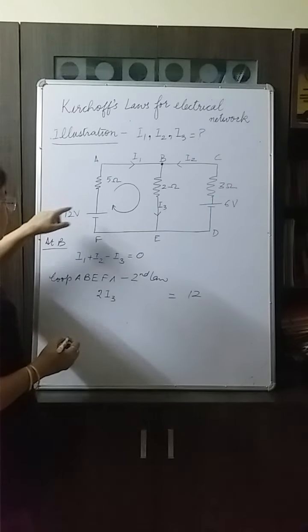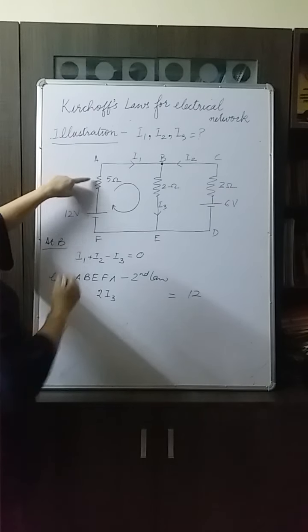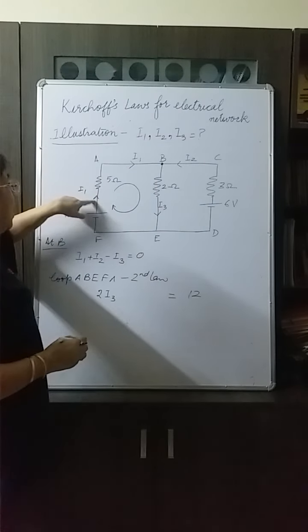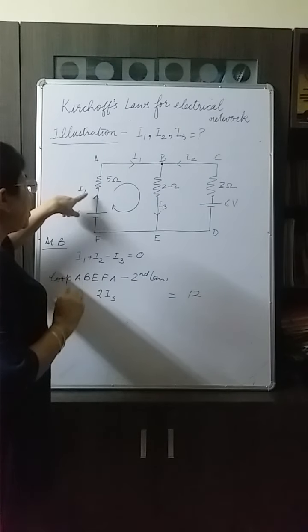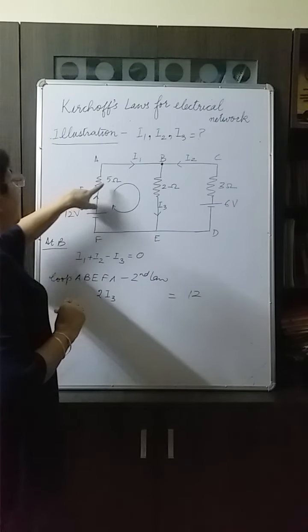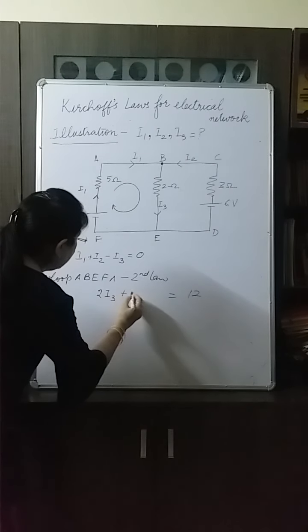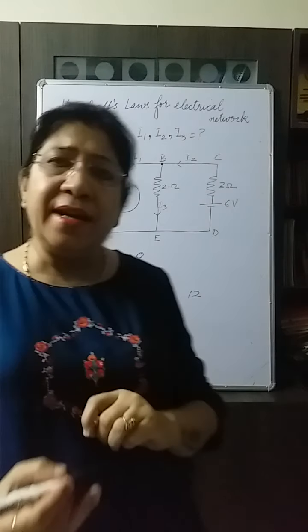Then we have the resistor where the current I1 is flowing, again in the direction of traversal, so IR is positive. We will have plus 5 I1. This gives us our second equation.